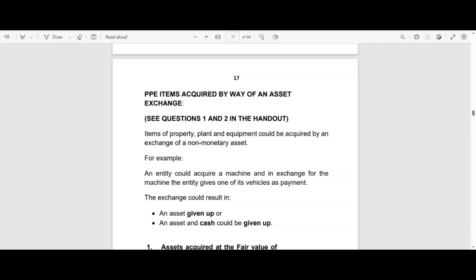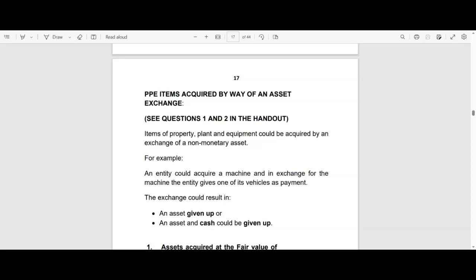Because if you don't know what the fair value of the old asset is and you don't know what the fair value of the new asset is, how are you going to determine the purchase price of the new asset? And then IAS 16 says, ladies and gentlemen, we've got to use the carrying amount, in other words, our book value, the carrying amount or carrying value or book value of our old asset, the one that we are giving up, as an estimate of its fair value.